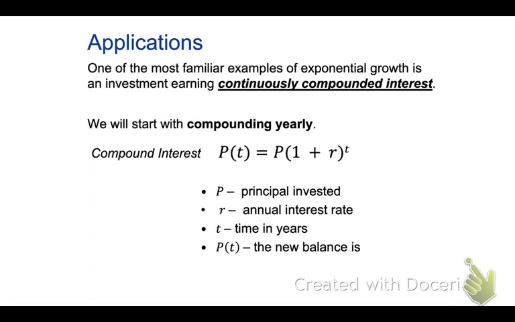Half. And P of T is your new balance. So P is the beginning balance, P of T is your new balance. You should know this formula. It's on the ACT. It's an expected formula for you to know.